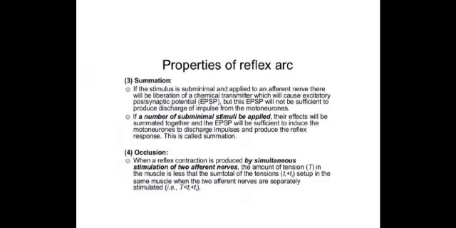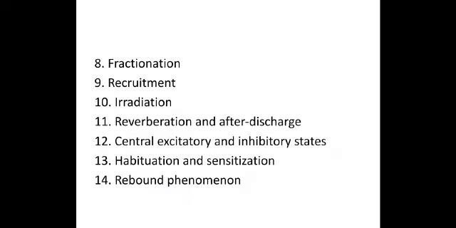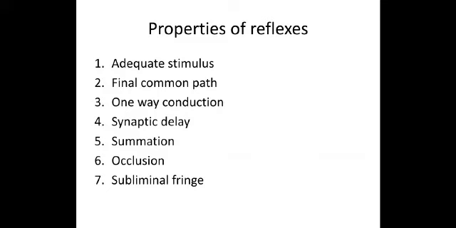So in summation, when they are added, because of the subliminal effect, there is a greater response. But in occlusion, because of the overlapping of neurons, there is decreased response. So, final common pathway. We came to know what an adequate stimulus is.